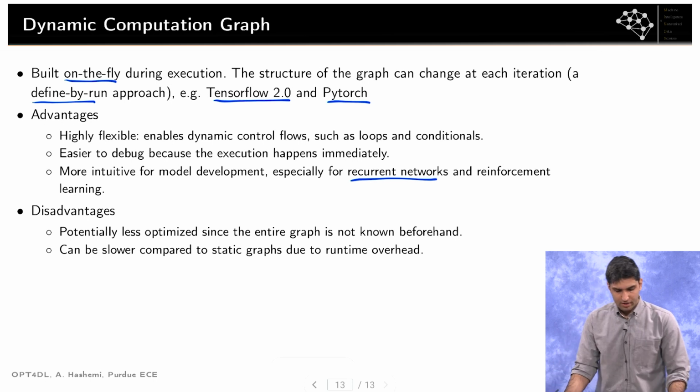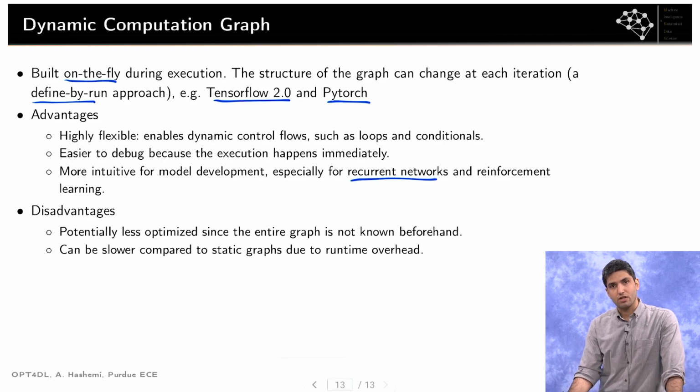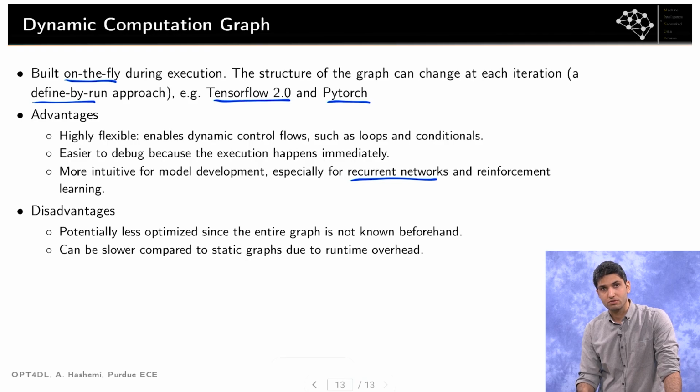The disadvantage is that we now lose some optimization, because we don't know the graph before computation starts. So it could be slightly slower compared to the static graphs due to this runtime overhead.